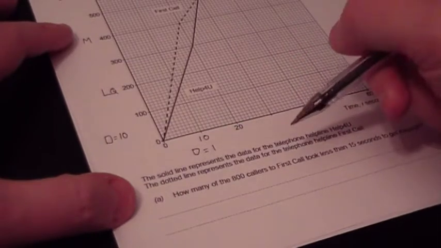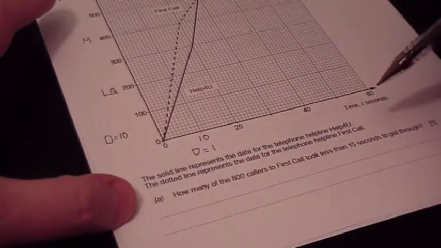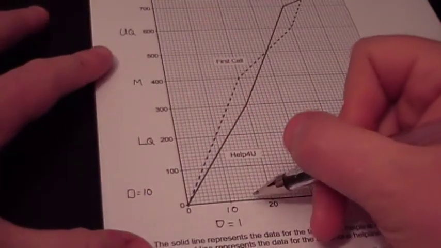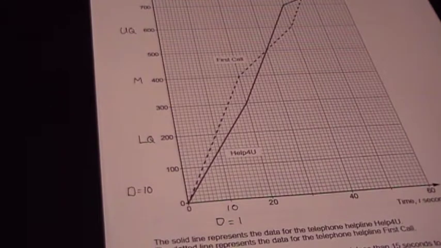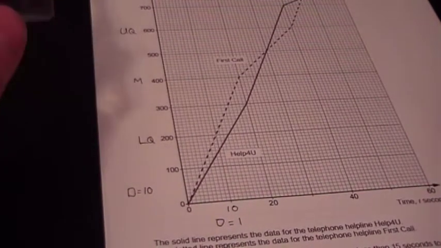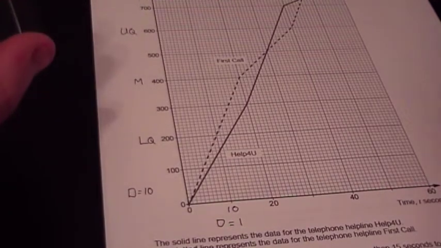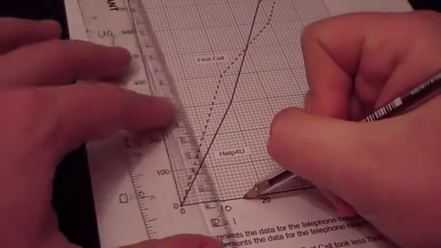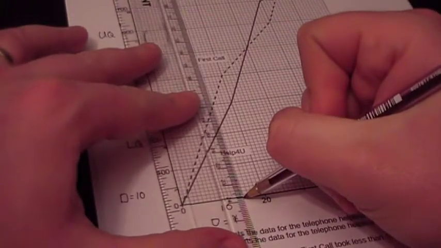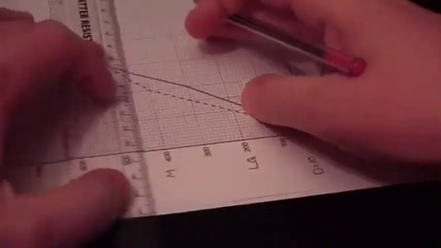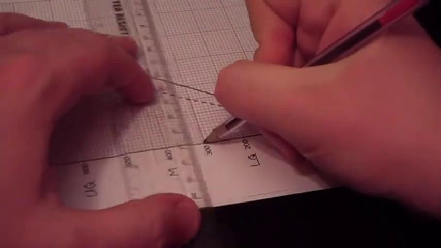How many of the 800 callers to First Call took less than 15 seconds to get through? Now 15 seconds is just here where my pen is. I'm going to change colour pen here because I'm going to be drawing a good few lines on. So First Call is the dashed line, and I'm going to make sure I draw up from 15, which is just there, all the way up to the dashed line, and then when I get there I'm going to come across and I see that's 300.